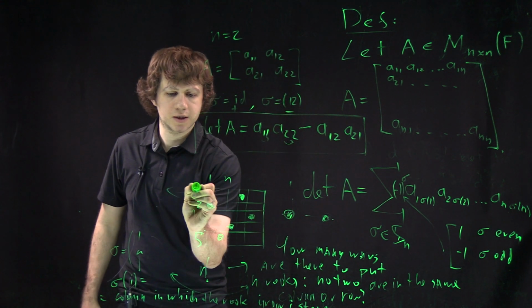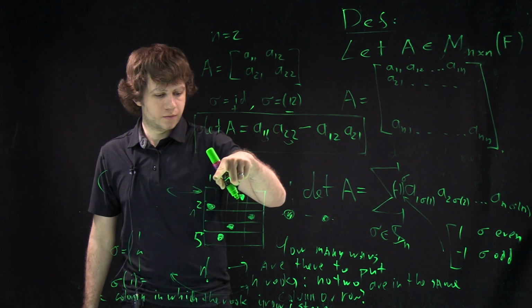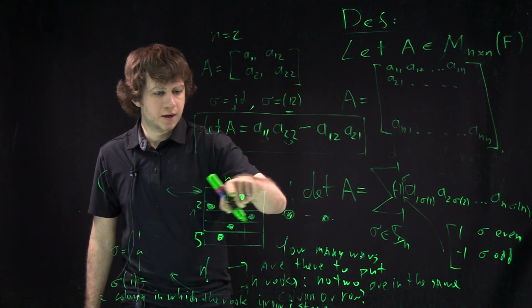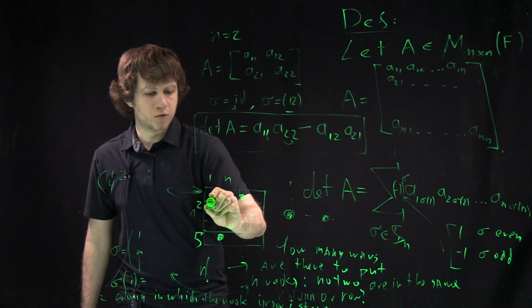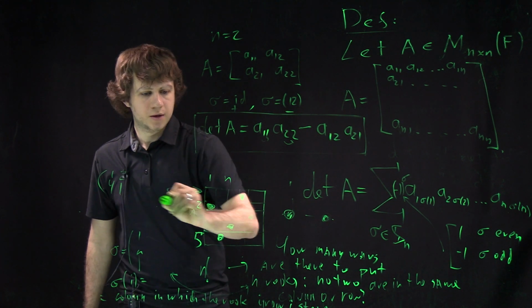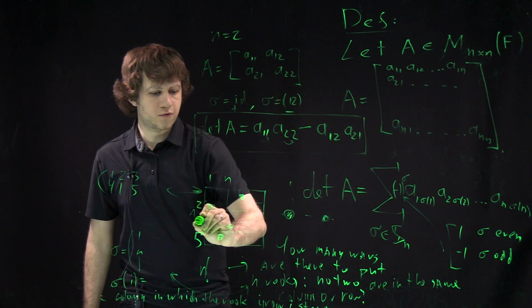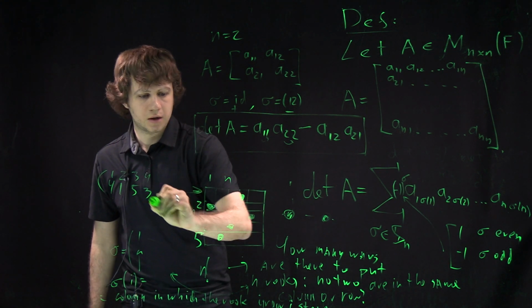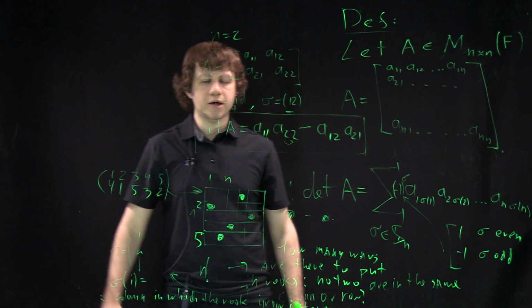So let's just look at it. Okay, so row number 1, column number 4. So 1 goes to 4, 2 goes to 1, 3 goes to 5, 4 goes to 3, and 5 goes to 2. So we get a permutation, and this is clearly a bijection.